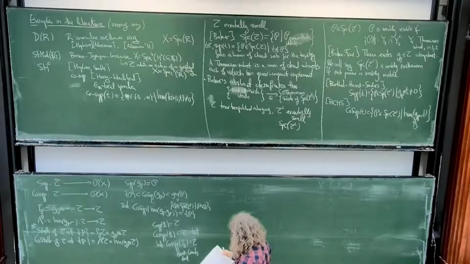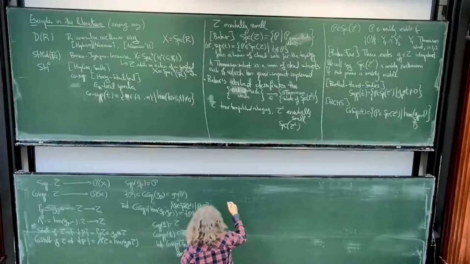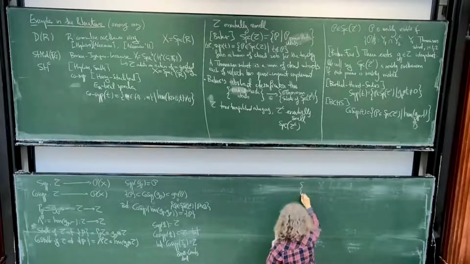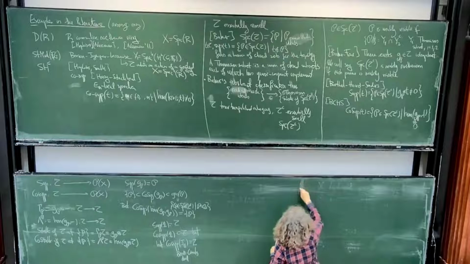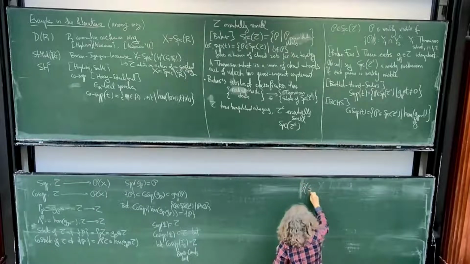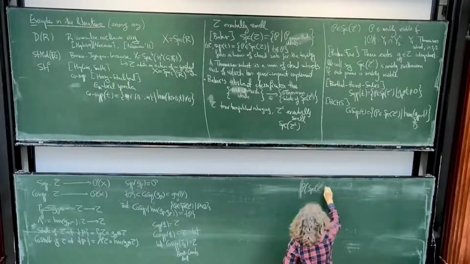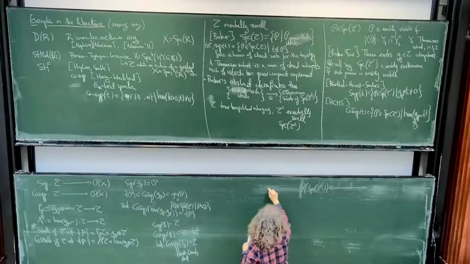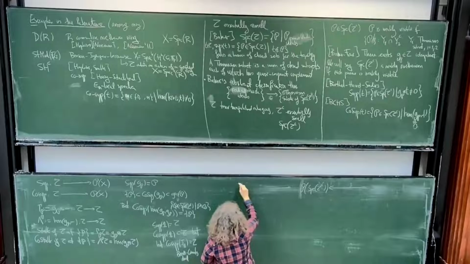Okay, so now what we are looking at here: we have parts of this topological space, and we have these functions.